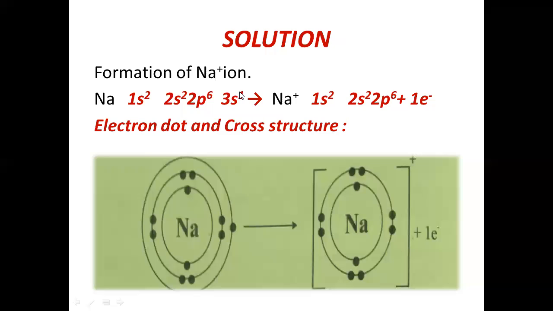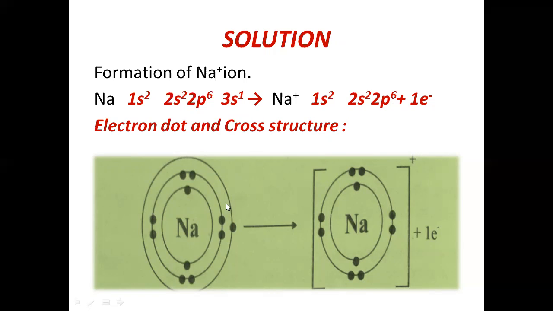So the easiest way is that the sodium will lose this one electron, and this shell we will not mention here. We will only mention 1s2, 2s2, 2p6. We do not need to mention that subshell, as one electron is removed. So the sodium atom is converted into sodium ion when sodium loses one electron.